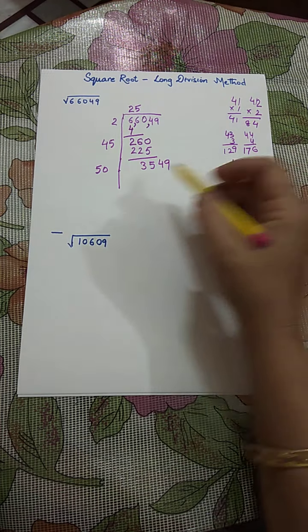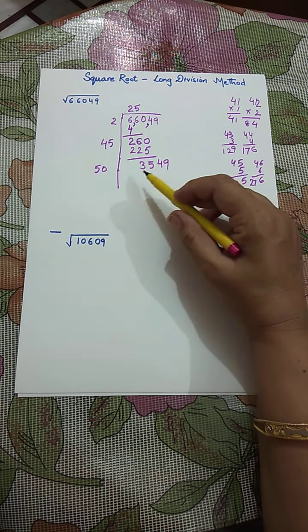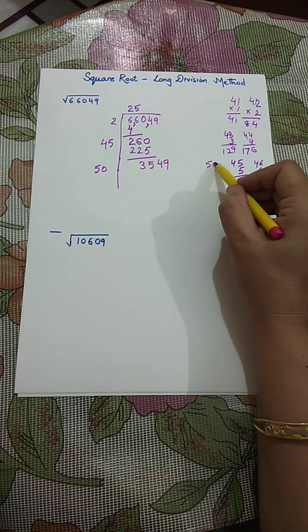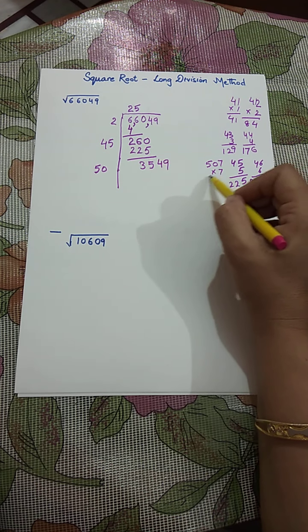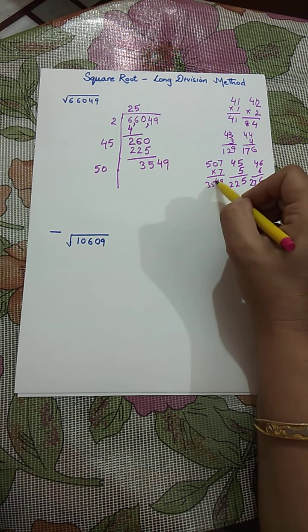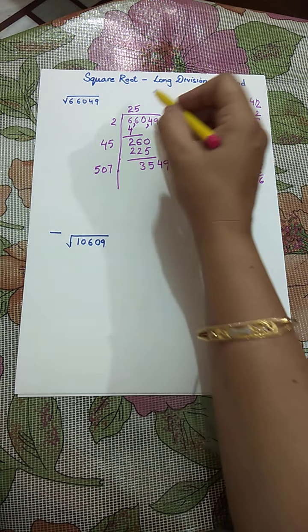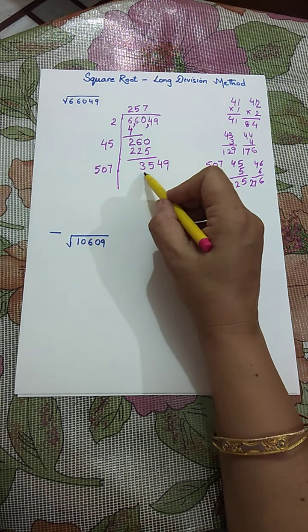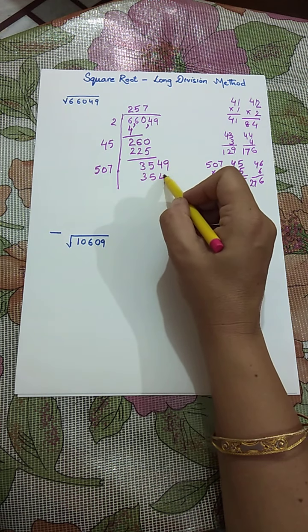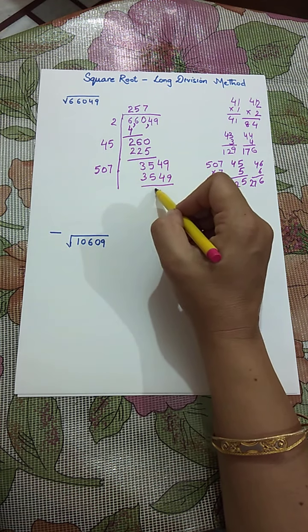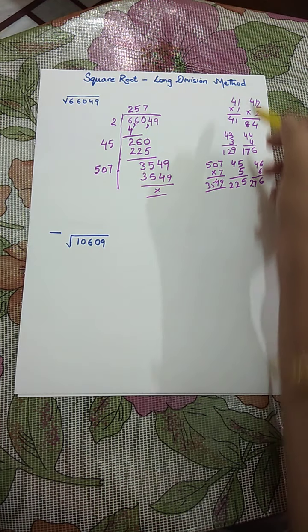Now from here itself you can see that if you take 507 multiplied by 7, you will get exactly this number 3549. It is exactly divisible. When you practice this, you will gradually come to know which number it will go. So in the first few sums you may find that you have to try all the options.